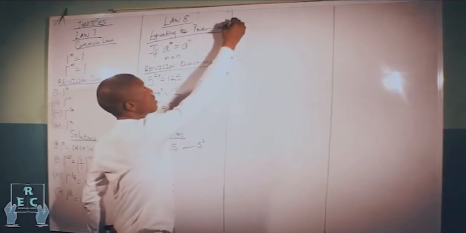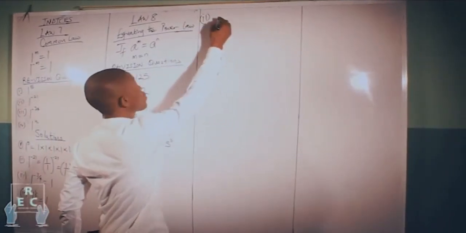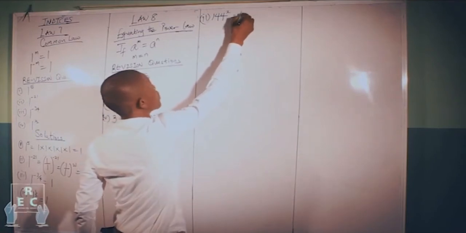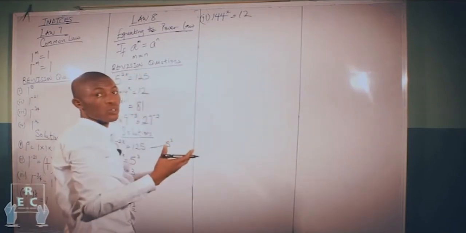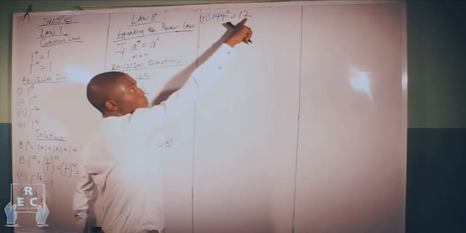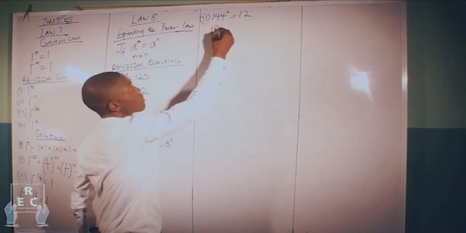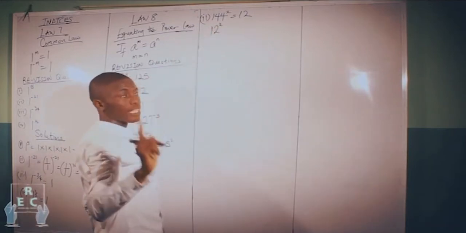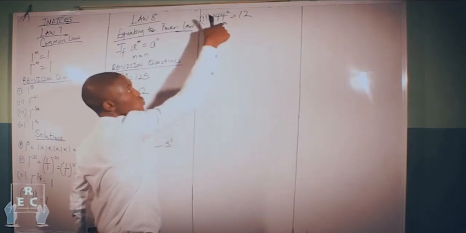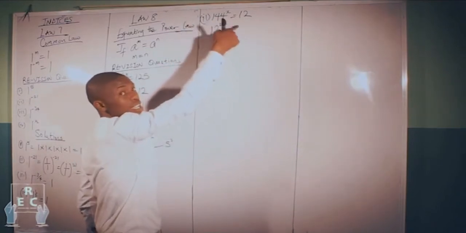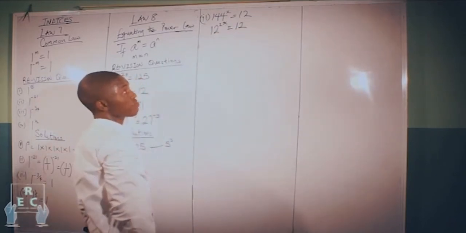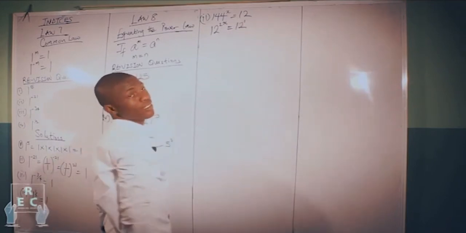Let's attempt the second one, which is 144 raised power of x equals 12. Here, we are coming to a similar question. What do you do? Express this as an equal base with this. And here you have 12 raised power of 2. But you consider that there is an x here, a power. So join it, 2x. 12 here is the same as 12 raised power of 1.